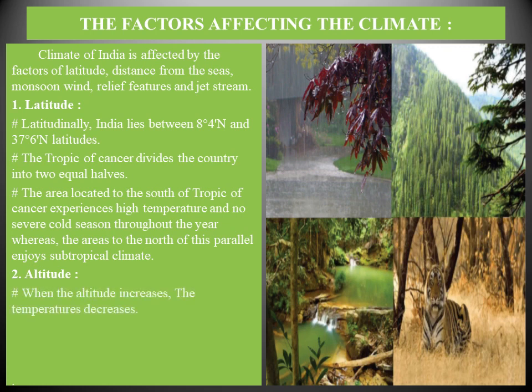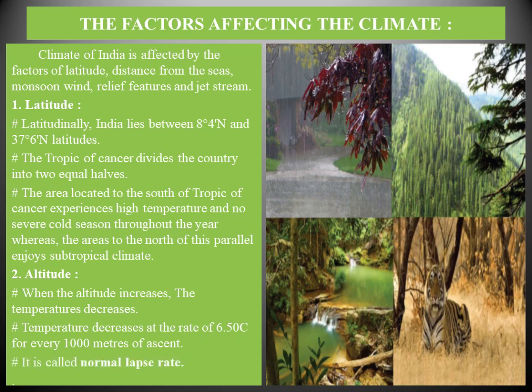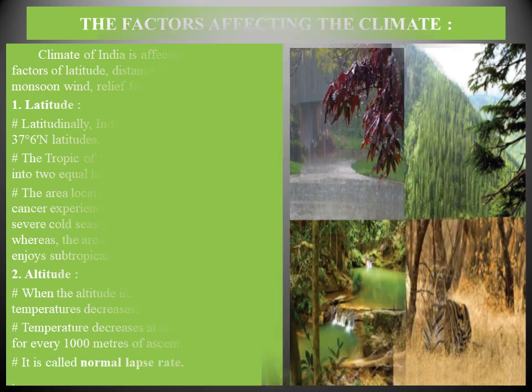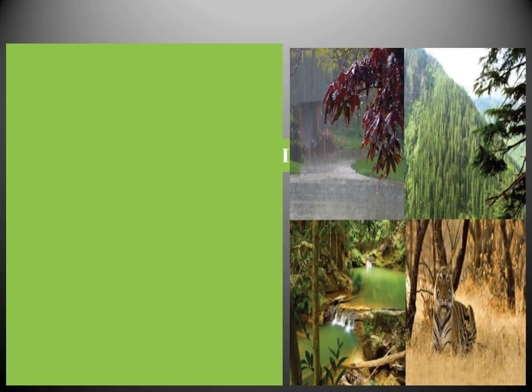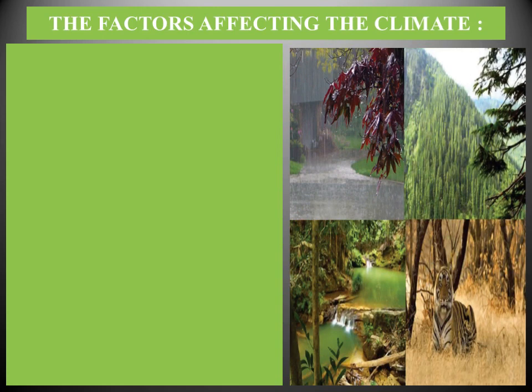When the altitude increases, the temperature decreases. Temperature decreases at the rate of 6.5 degrees centigrade for every 1000 meters of ascent. It is called the normal lapse rate. Hence, places in the mountains are cooler than places on the plains.